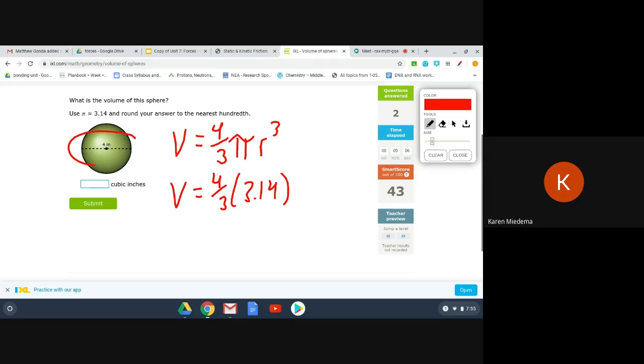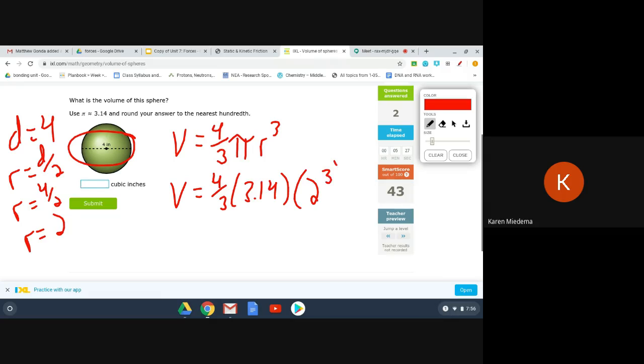They told you the distance all the way across the sphere, also known as the diameter. To find the radius, you take the diameter and divide by 2. So in this case, 4 divided by 2, which is 2. So the radius is 2. We raise it to the third power.